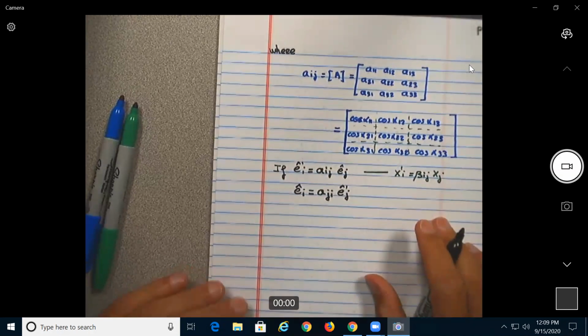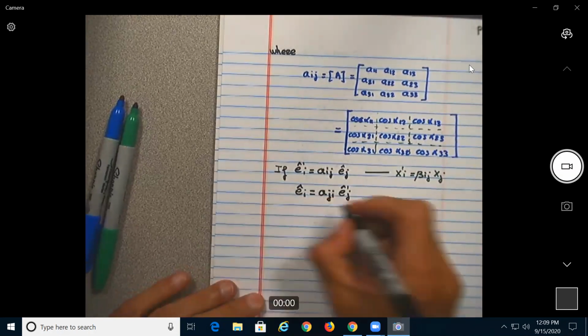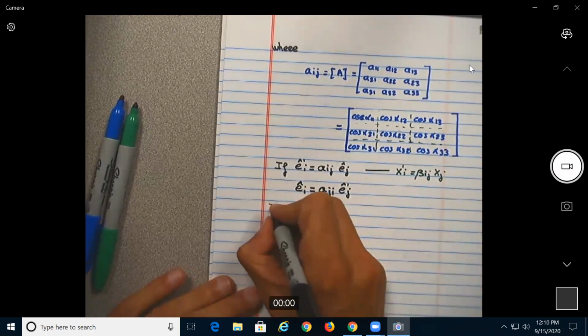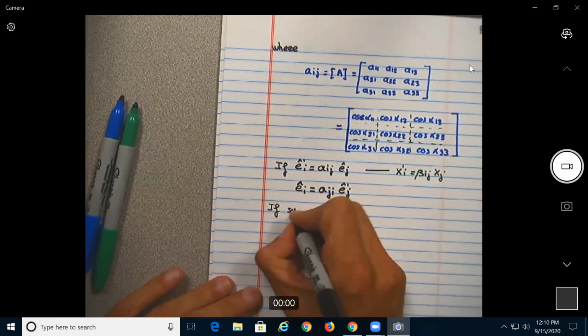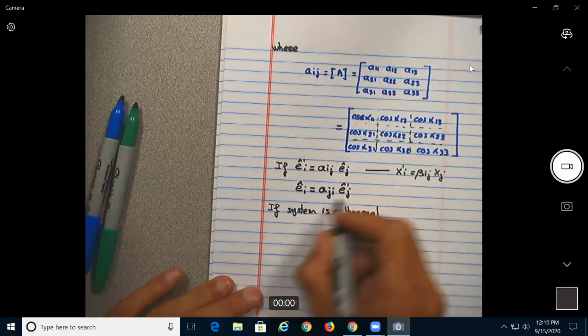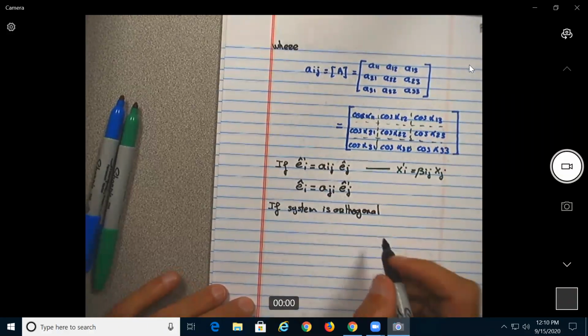This means that if the system is orthogonal, the above is satisfied. And what does that mean?